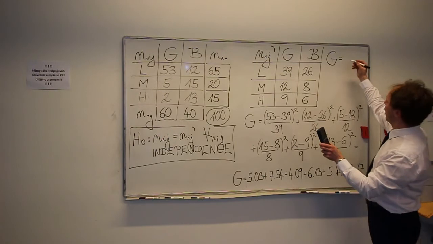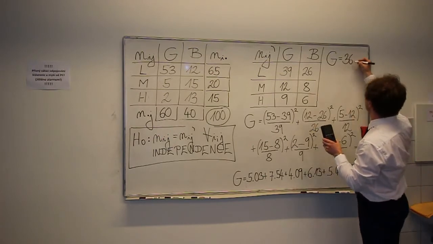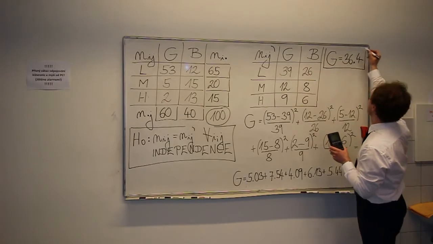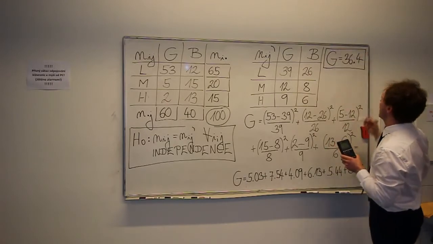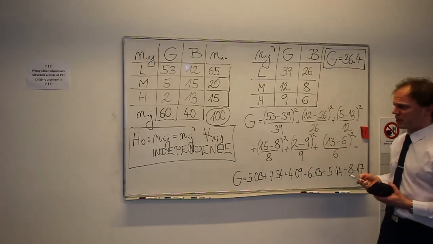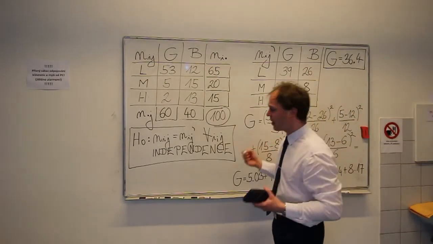I will use only one decimal: 36.4, because you already expect that this hypothesis will be rejected. Why?